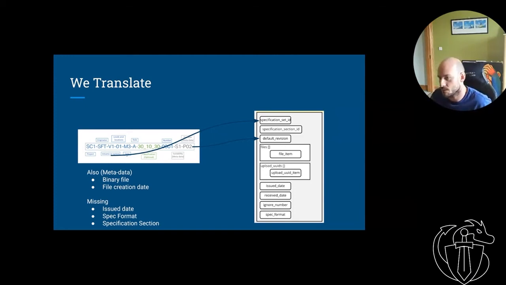It's quite challenging, and there are pieces of information that are missing, such as the issue date, specification format, and specification section, which can only be manually looked up in the source system before we're actually allowed to create that information container in Procore, in this case, maintaining the full integrity of the information container.